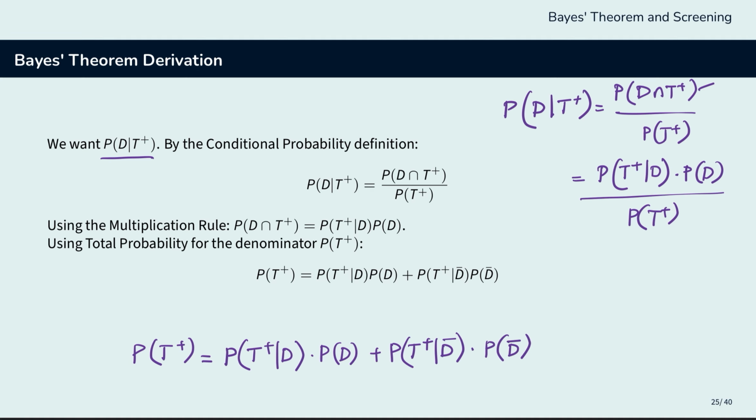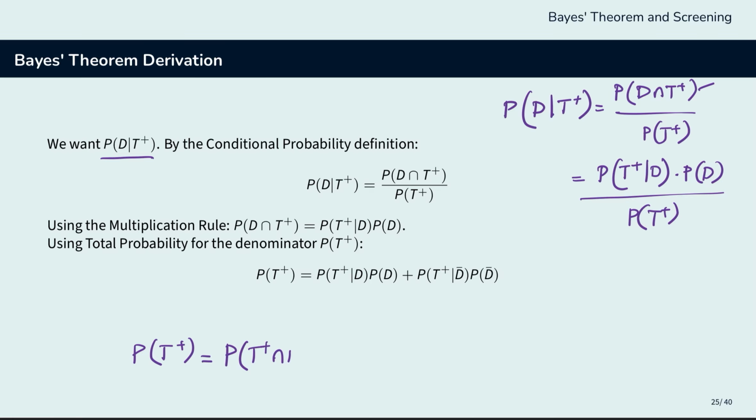Remember, you're calculating two formulas together, which is basically P(T+ intersection D) and P(T+ intersection D bar). This is where we get the formula from before.